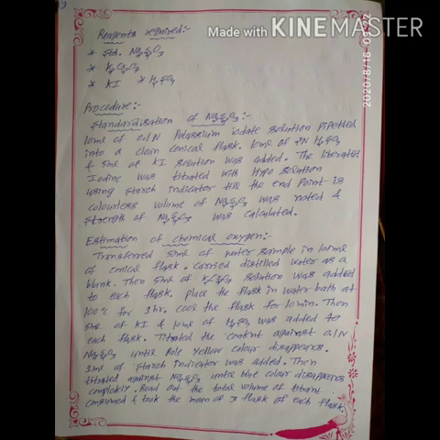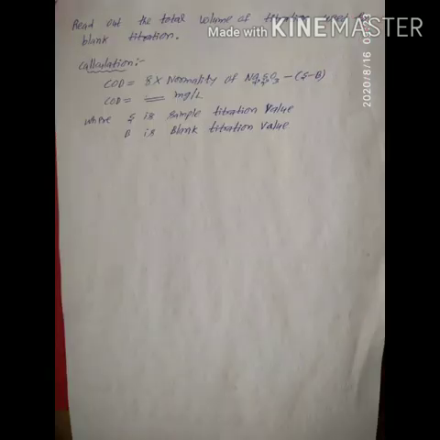Titrate the contents against 0.1 normal sodium thiosulfate until the pale yellow color disappears. 1 ml of starch indicator was added, then titrated against sodium thiosulfate until the blue color disappears completely. Read out the total volume of titrant consumed and take the mean of 3 flasks. Read out the total volume of titrant used for the blank titration.